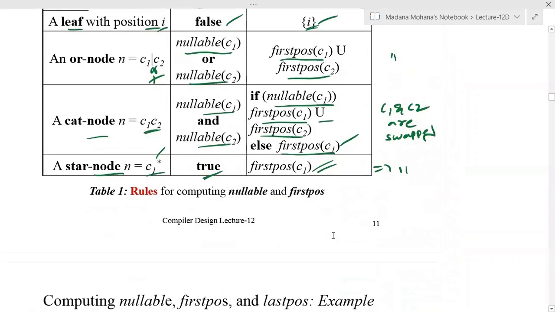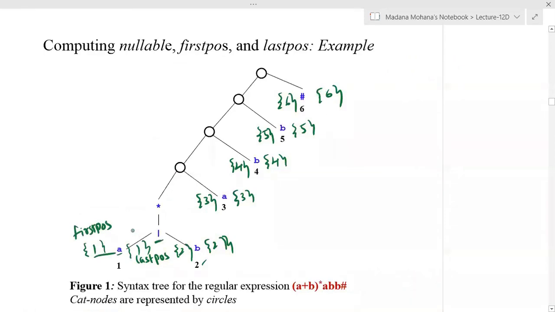Now for the R node, this is child 1, A, then this is child 2, that is B. Now for C1, what is the first position value? 1. Then for C2, what is the first position value? 2. Now take the union of these.